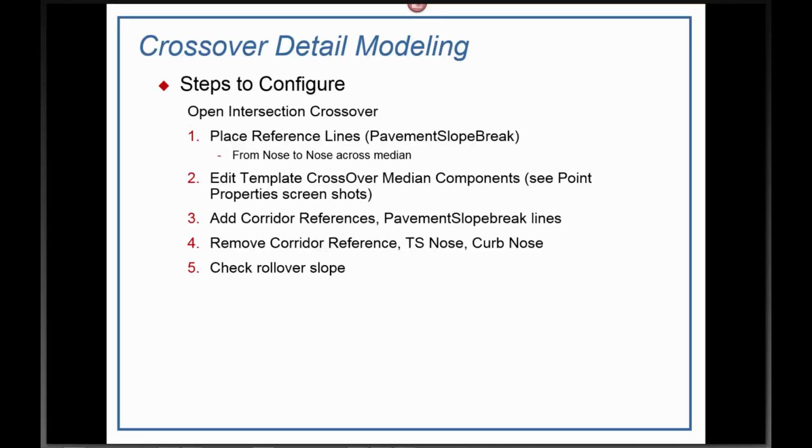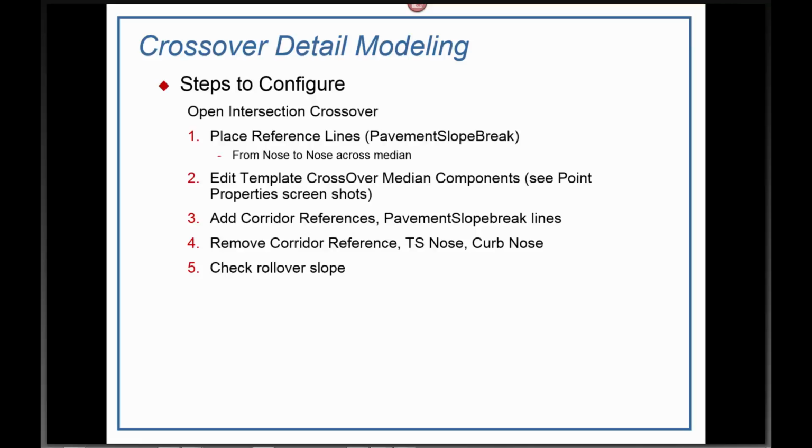It's really pretty straightforward. For an open intersection, one that doesn't have any restrictions on it, the typical workflow is going to be you'll need to add in some reference lines, and we're using the feature pavement slope break. And usually those go from nose to nose. This type of modeling isn't necessary when you've got a balanced crown intersection. Your median just stops and you're crowning to the middle.